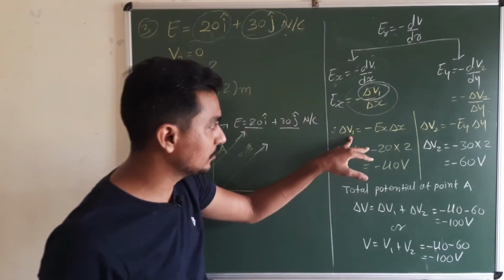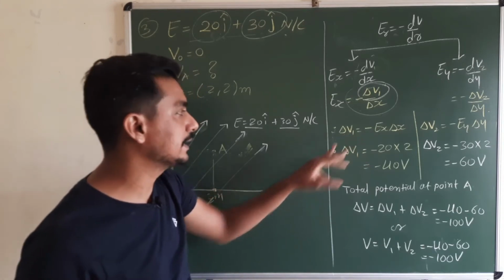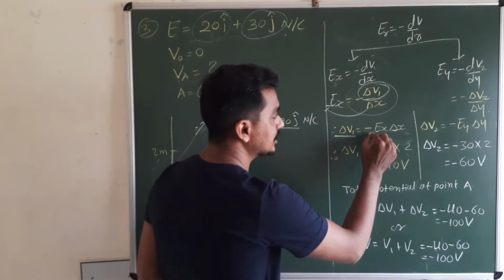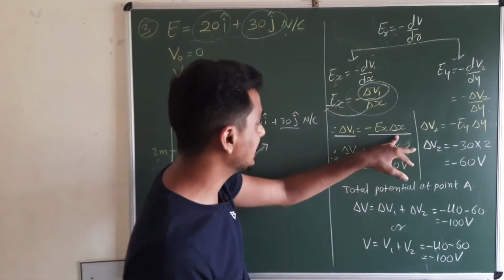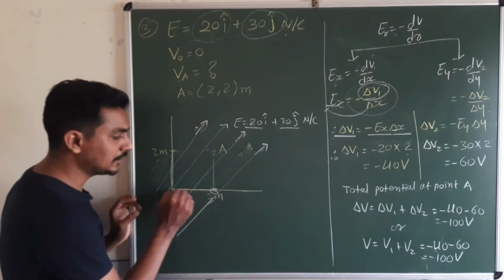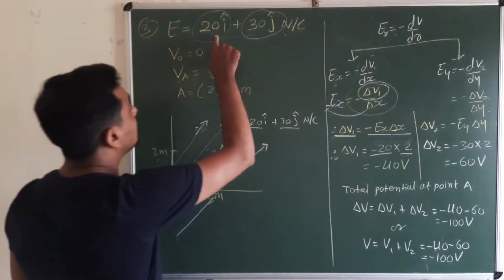So first I want to find the potential due to the component of the electric field in the x direction. Then we get delta V1 is equal to minus Ex into delta x. Now delta x is 2 minus 0, so it is 2, and Ex is given as minus 20.